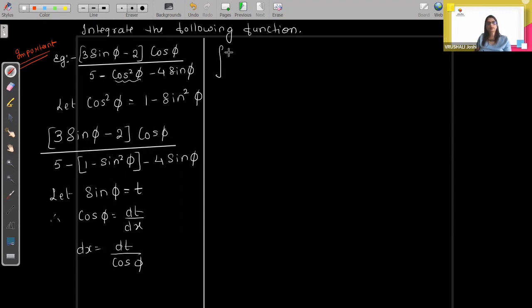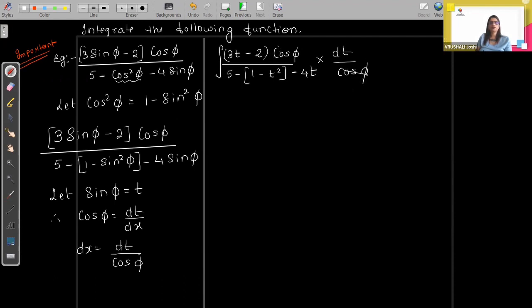This will be 3t, because sine phi के जगह पे 3t minus 2 divided by, अच्छा cos तो ऐसे ही आएगा, ये कट जाएगा. Actually we know that it is going to get cut, but still, 5 minus into bracket 1 minus t square minus 4t into dt by cos phi.